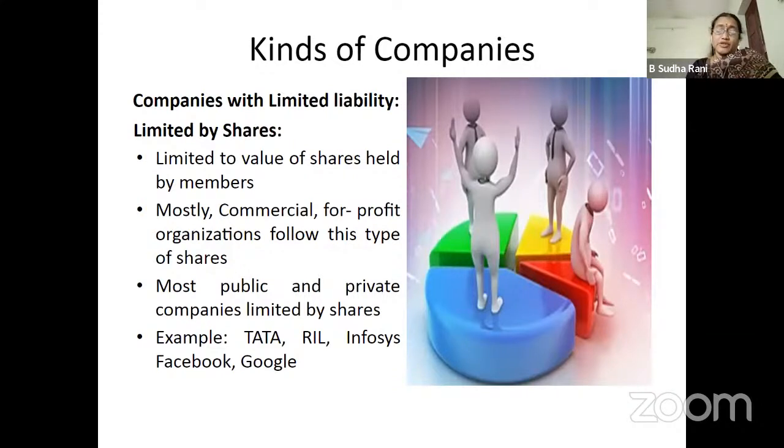Whatever the value of shares purchased, or the amount you invested in shares, that only will be your loss if the company goes into liquidation. Most companies have this type, limited by shares, so that they can attract more investors. Examples are Tata, Reliance, Infosys, Google, Facebook, all these companies.